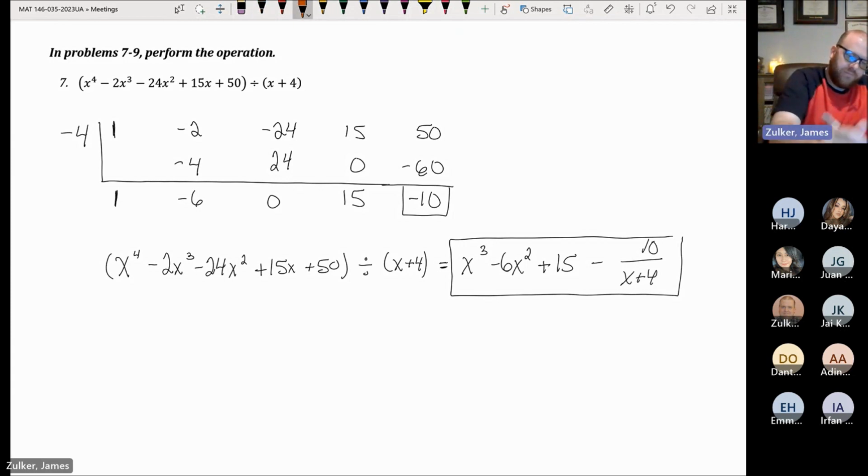Right? So this bit here is our q of x. And then this, with the negative, right, is r of x.